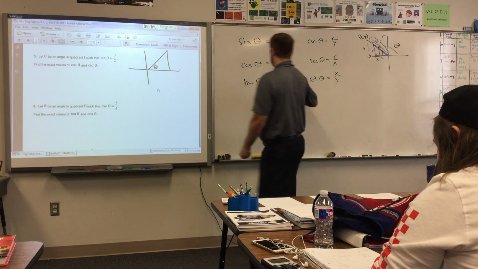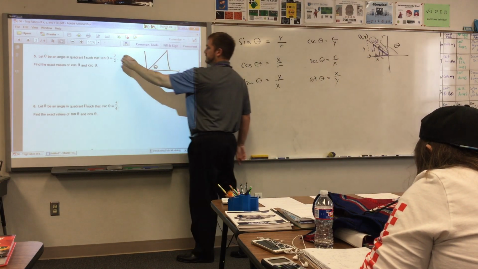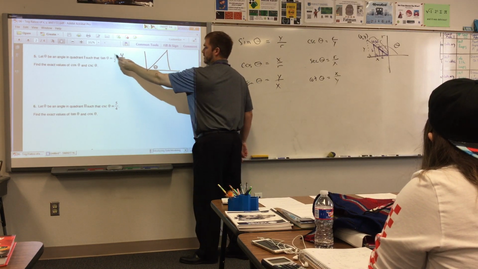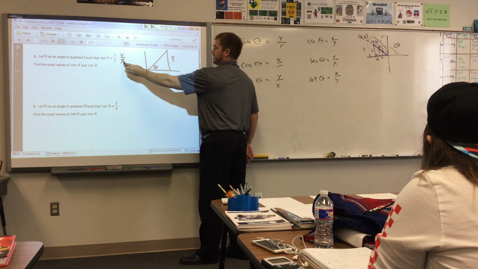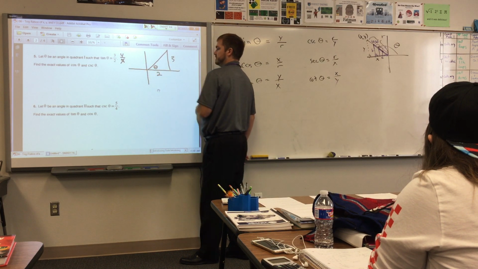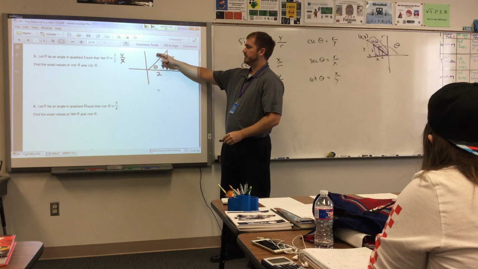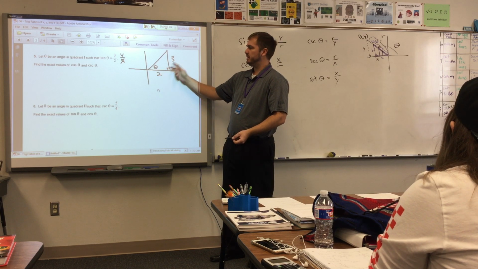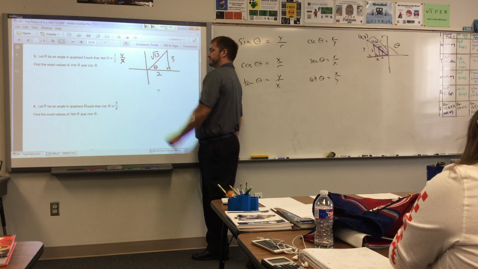We look at that ratio, so y over x, so the y is corresponding to the 3, the 2 is corresponding to the x. And then we can do Pythagorean theorem to figure out what this side is. It's the square root of the sum of the squares. So 9 plus 4 is 13. So this would be the square root of 13.